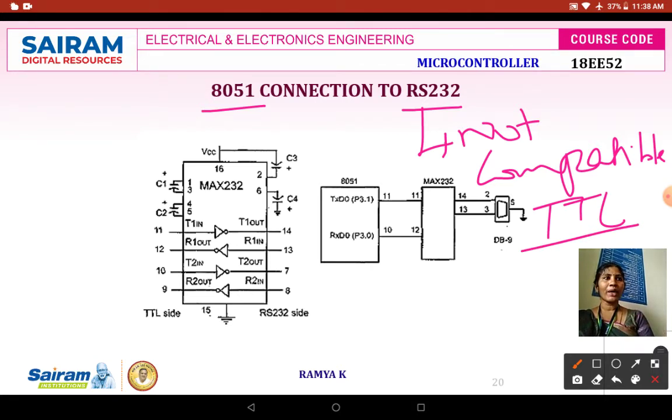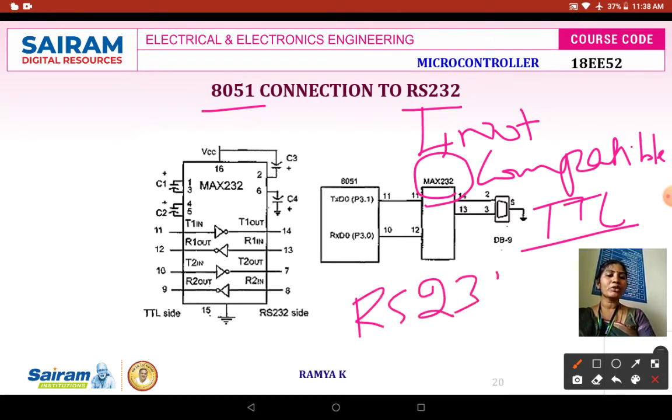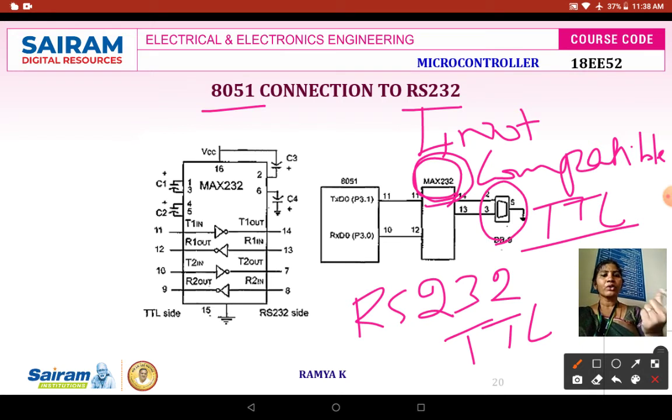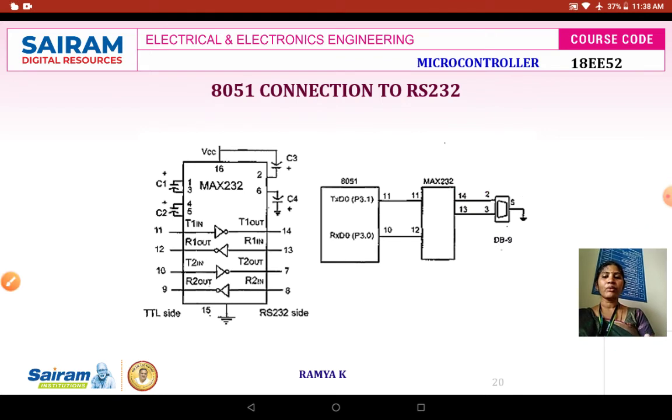Since it is not compatible, we need to drive the circuit to convert this RS-232 voltage level so that it is compatible with your TTL device. Then only it is possible for us to work. So we need to drive this RS-232 with the MAX232 chip to convert the RS-232 voltage level to be compatible with TTL.